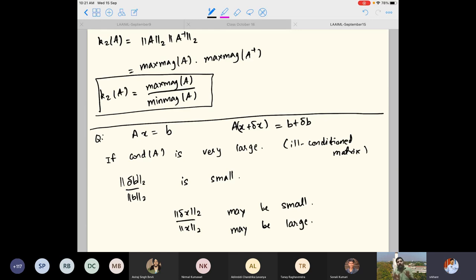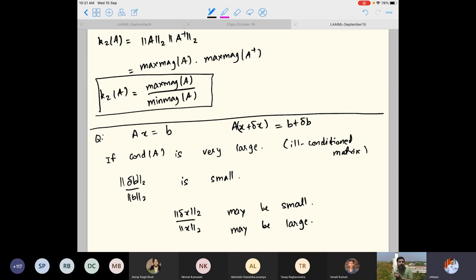It is not necessary that every time delta x by x has to be small. The worst part is you can always find a delta b such that you will have this delta x by x be really very large if the condition number of A is large. But every time it is not necessary. I think in the example also we had seen that there was one perturbation which was okay, and another perturbation which was not okay.